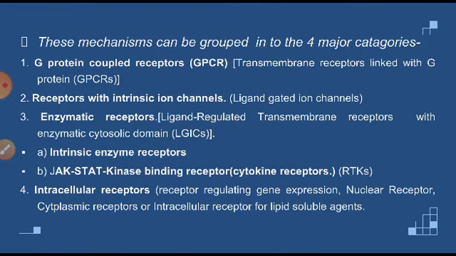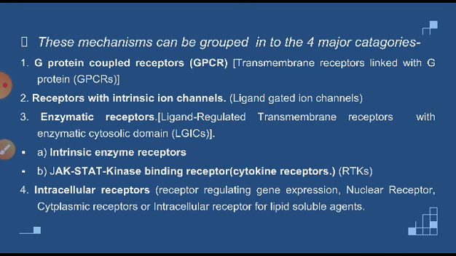Now, when we talk about the transducer mechanisms, we have to see how many types of transducer mechanisms there are. It's very nice that you have only 4 types of receptor or transducer mechanisms. It means all the drugs in the world can have only these 4 types of transducer mechanisms. So it's so simple for you.